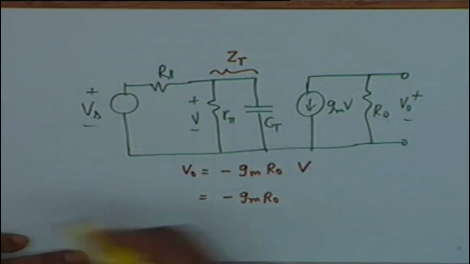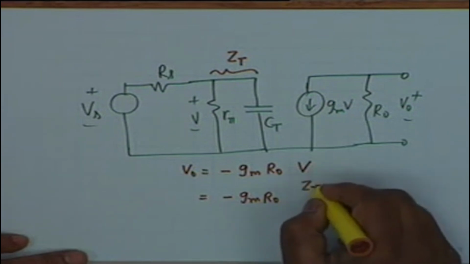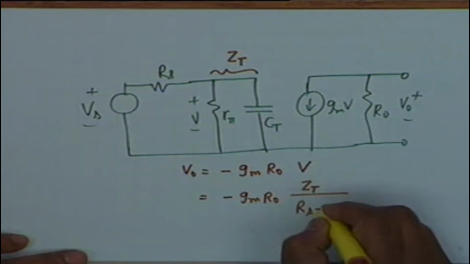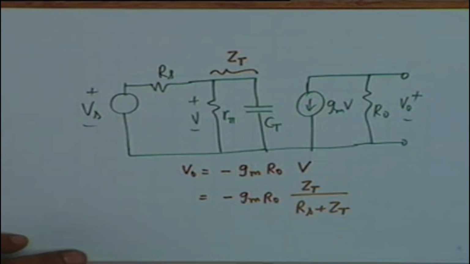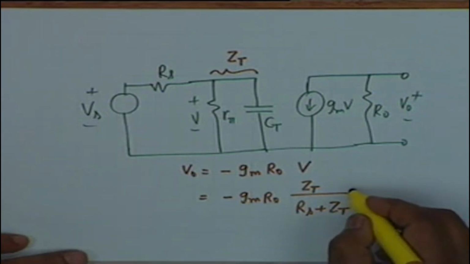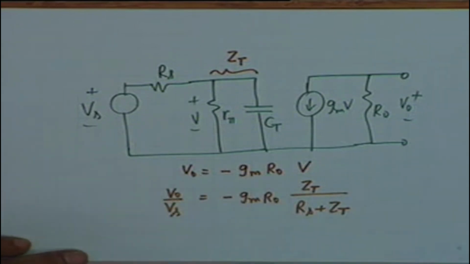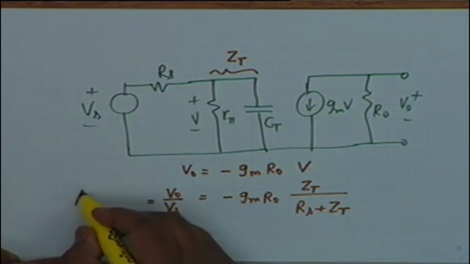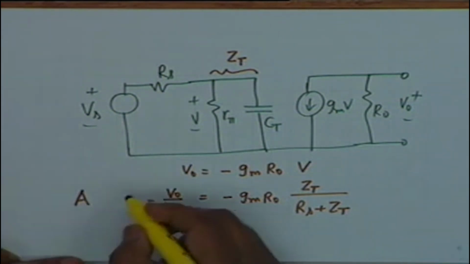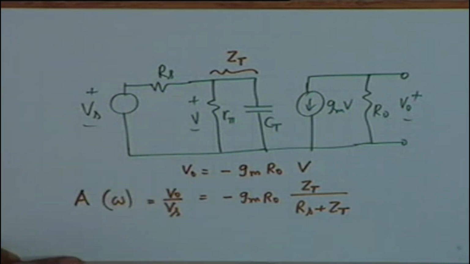Then V would be ZT divided by Rs plus ZT multiplied by Vs. So we take V0 by Vs, the normalized gain, and we call this A, gain, as a function of frequency. At high frequencies, AH omega is given by minus GM R0 times ZT divided by Rs plus ZT.